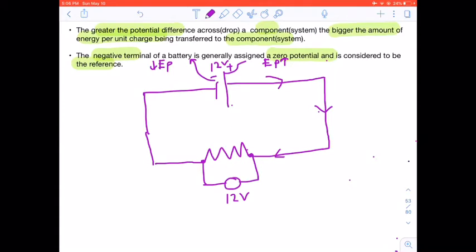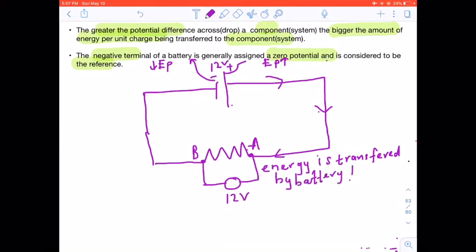Here we have our current moving through here, and the battery transfers its energy, let's say between A and B. So energy is transferred by the battery to the component.